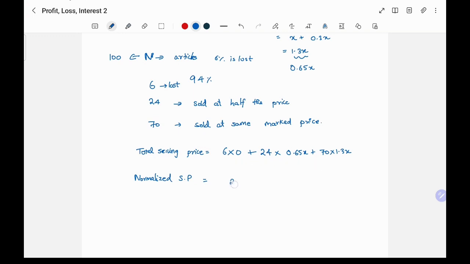So 6 into 0 is 0. 24 into 0.65x plus 70 into 1.3x divided by 100. This is where I said the N will get cancelled. Even if you have given N, it will cancel at this stage. So this one we can calculate.